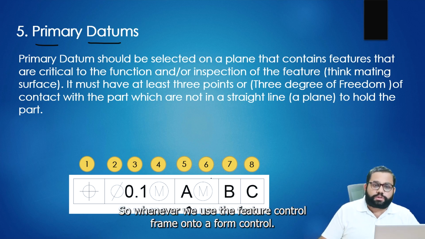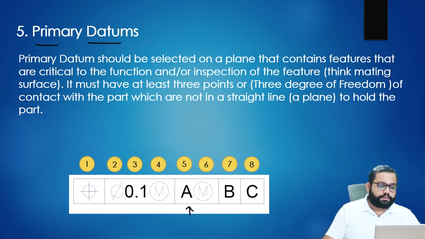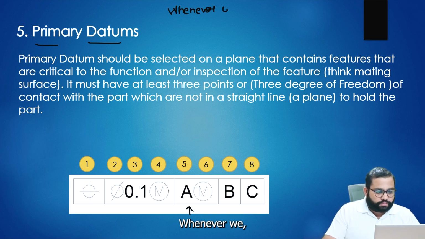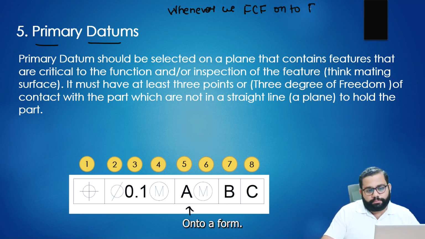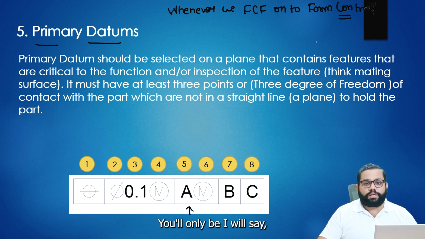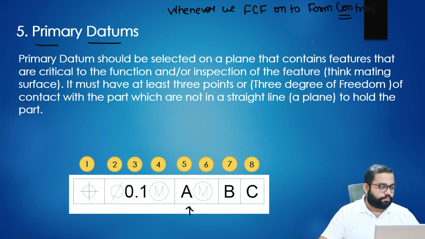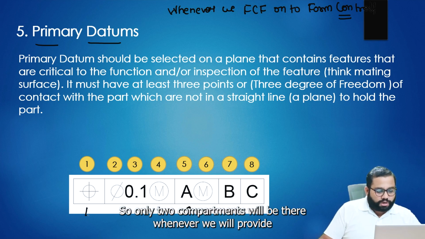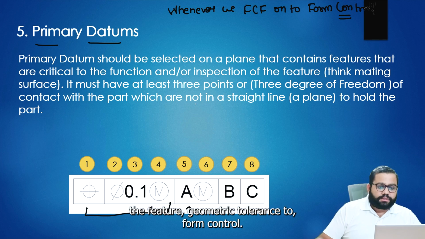Whenever we use a feature control frame on a form control, there will be only two compartments when we provide the geometric tolerance to a form control.